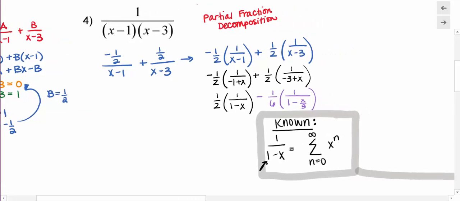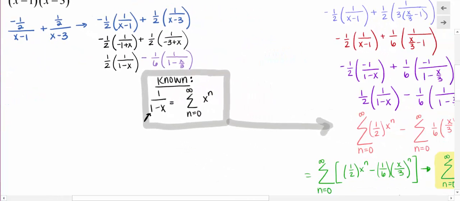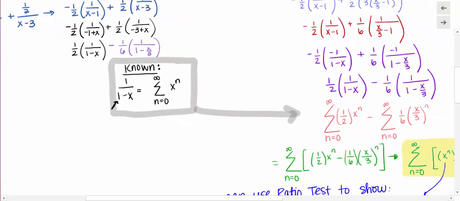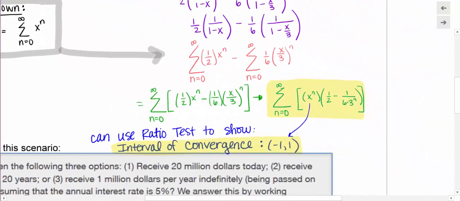So now if I know this series, and that is the work that I just did, it's just repeated over here so I can get there. And I know this is the power series, x to the n. This one is the exact series, it's just multiplied by a half, no problem. This one, I'm going to substitute in x over 3 instead of x.